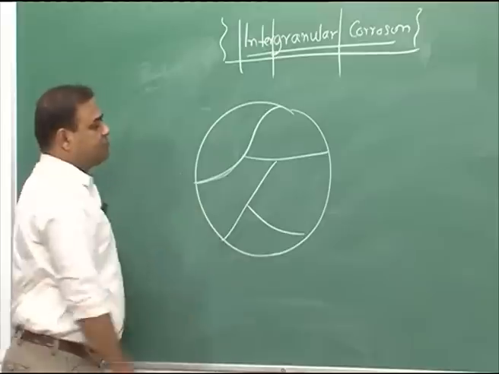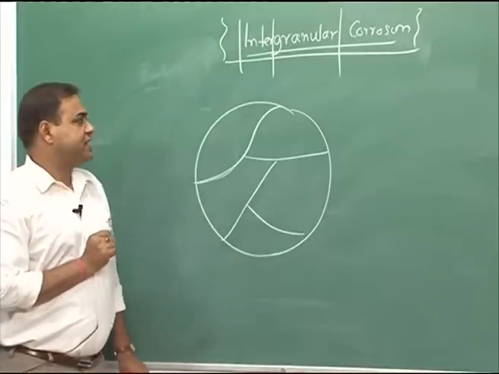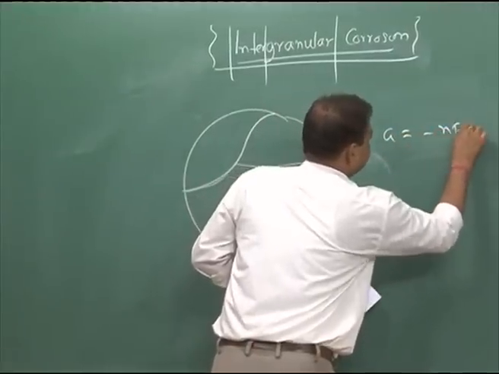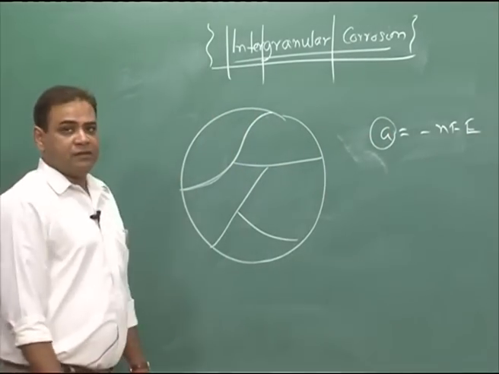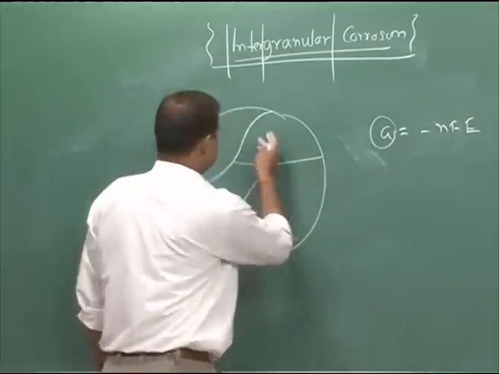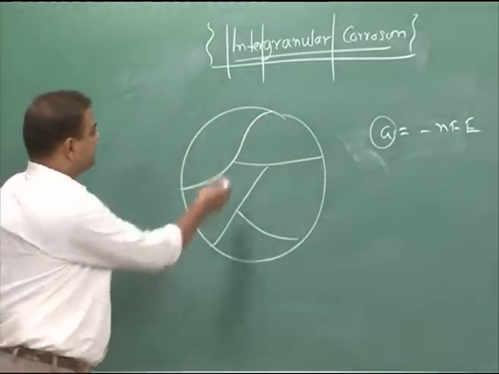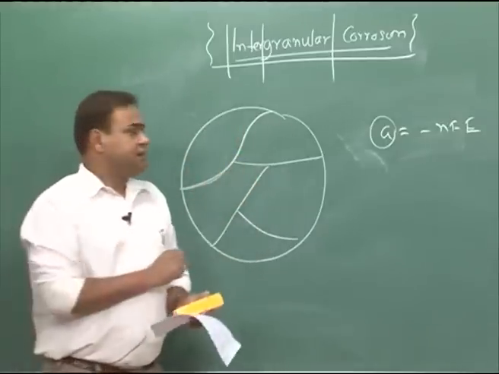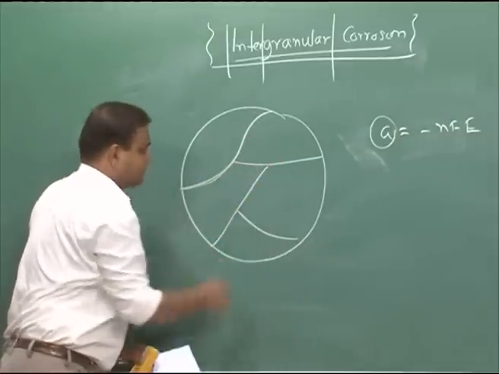Why? Because the grain boundary zone has a higher energy level, and if we consider the energy criteria, G is nothing but minus nFE. So, the higher the G, the lower the E. So, I will see that this section would act as anodic zone, and the rest of the section where we do not have the grain boundary will act as cathodic zone. So, the attack would happen around this section.